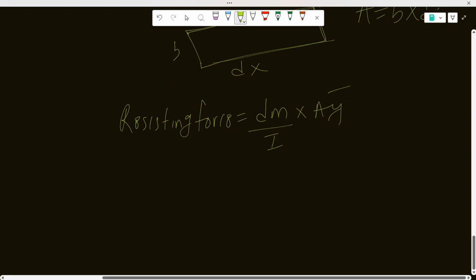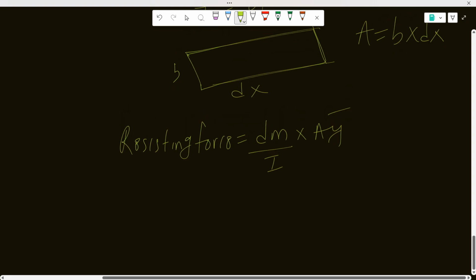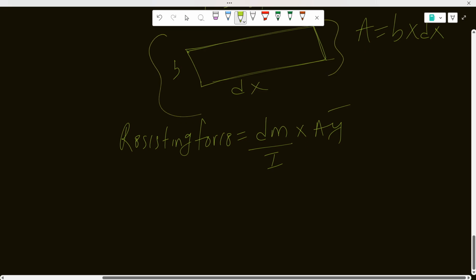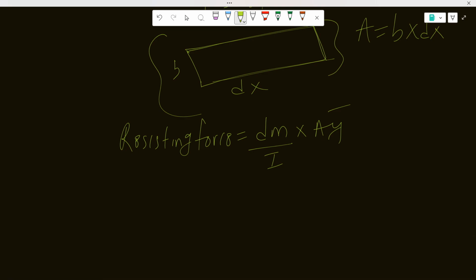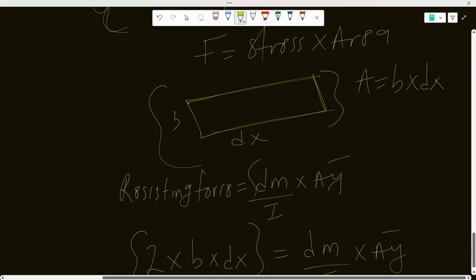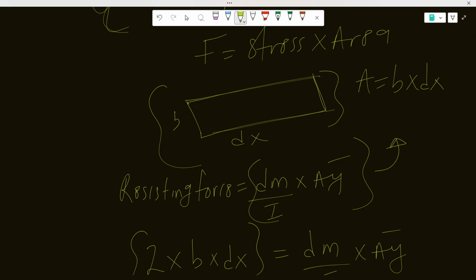And that resisting force would act along the layers. That's why I brought this layer out. To find this force, we need stress times area. But since that stress is the shear stress, it will be tau times B times dx, which denotes the resisting force, and must be equal to dM over I times A y bar. Once again, this same expression is the same magnitude as the force that wants to slide the layers apart.